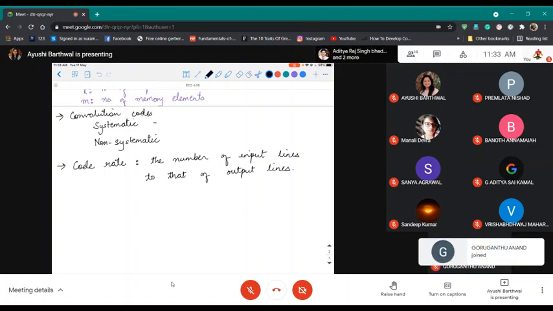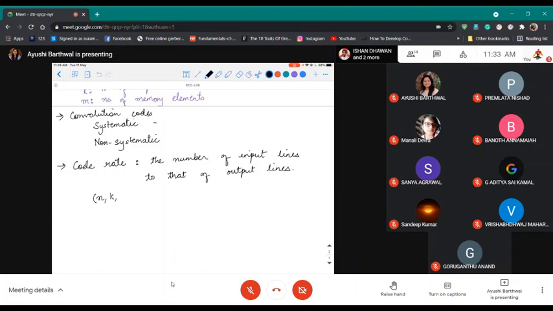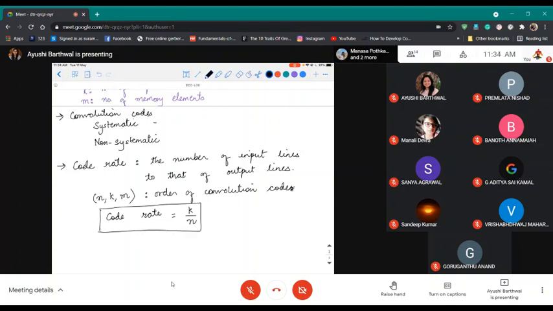So if you are defining a convolution encoder by the order n, k, m, its code rate will be given by k by n.